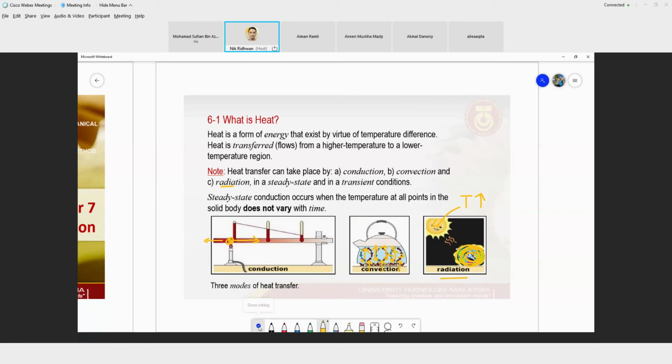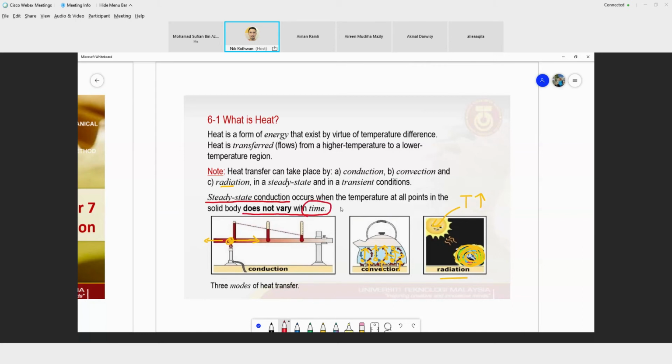So this is a very simple explanation, and in our course here, we limit our discussion to steady state conduction for the first topic. That means the temperature variation from one part to another is considered constant, or not influenced by time.